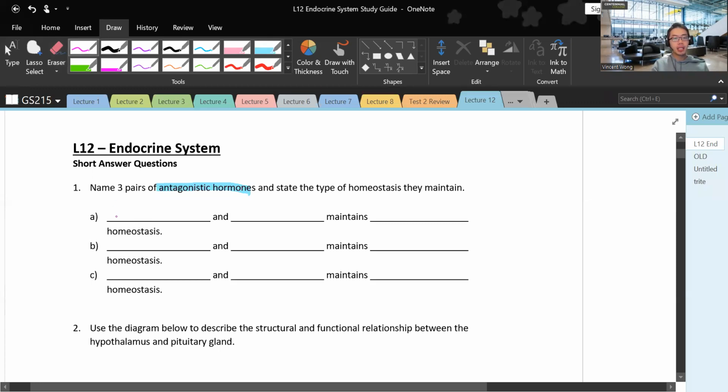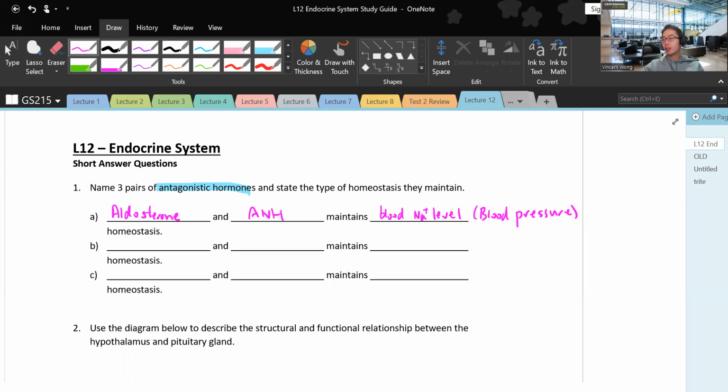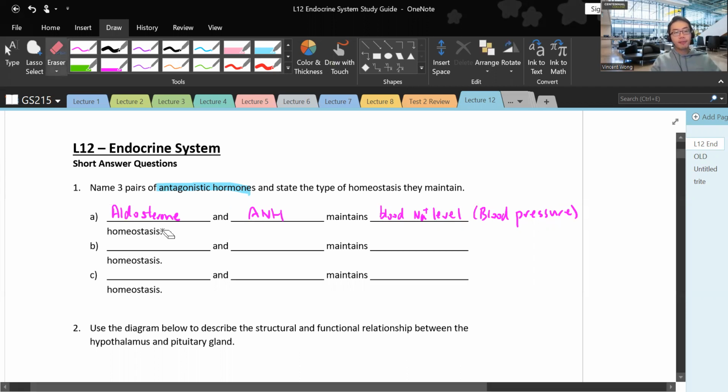And at that time, we talked about how aldosterone and ANH work against each other to help maintain the blood sodium level. Okay, and of course, blood sodium level, as you know by now, is related to blood pressure. So, in a sense, the aldosterone and ANH helps maintain normal blood pressure through the regulation of the blood sodium level. Okay, so that's the first pair.